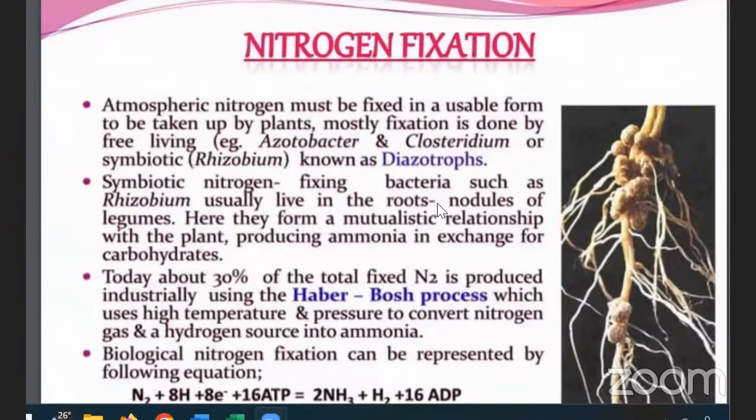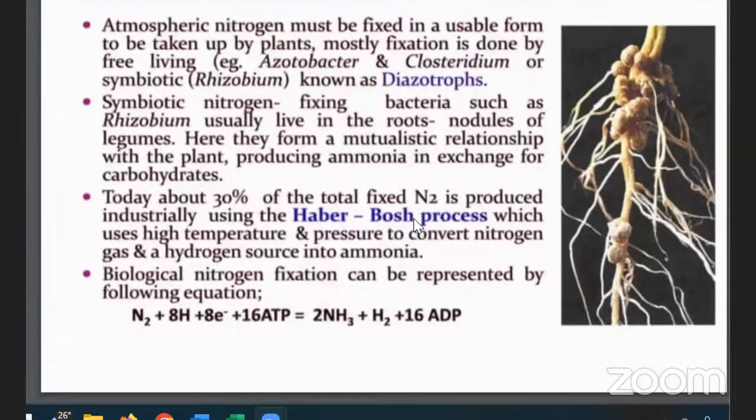Absorption of nitrates or ammonium ions is via root hairs. If nitrate is absorbed, then it is reduced to nitrite or ammonium ions for it to be incorporated into amino acids, nucleic acids or chlorophyll, wherever there is a nitrogen necessity.